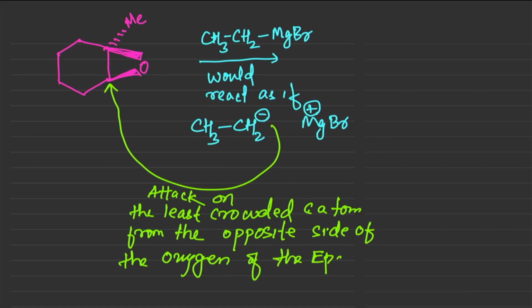This is important. Okay, the epoxide right now is on the wedge. What is the opposite side of the wedge? It would be dash. So let's draw the answers.